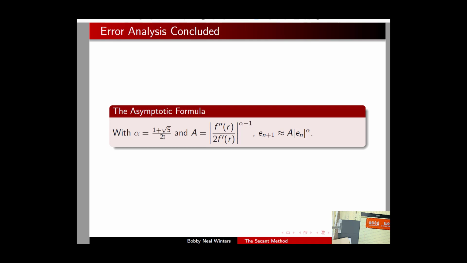Newton's method is better, but it's not a whole lot better. If you're given a choice and you can, you use Newton's method. If you can't, there's no shame in using the secant method.